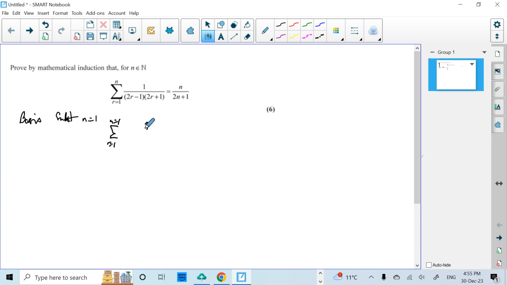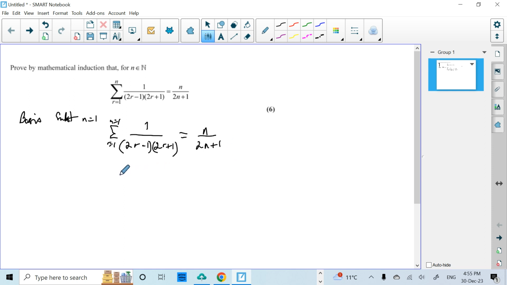And I'm just going to write out the question. It's pretty boring, but this is how we do it: the sum of 2r minus 1 over 2r plus 1 is equal to, and what they give you is n over 2n plus 1. So, there we have it.